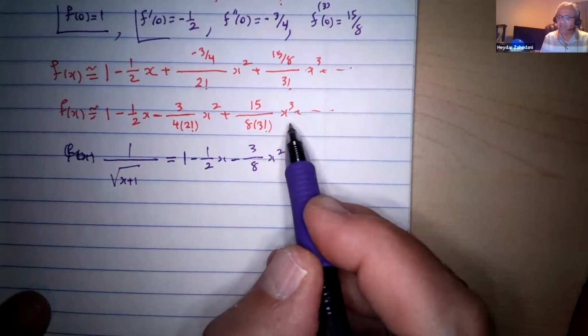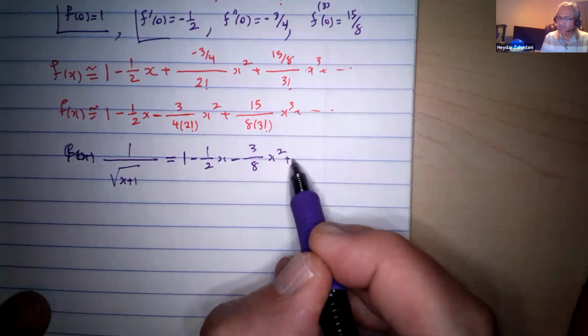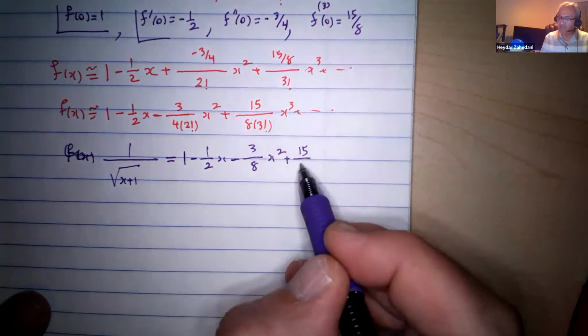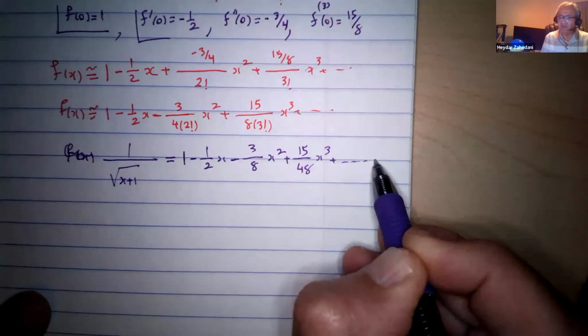And the next one is positive, 15 over, 3 factorial would be 6, 6 times 8, 48, x to the third, going on forever.